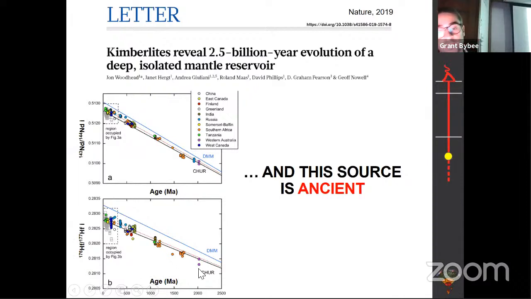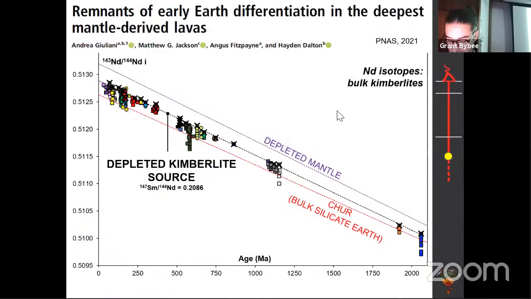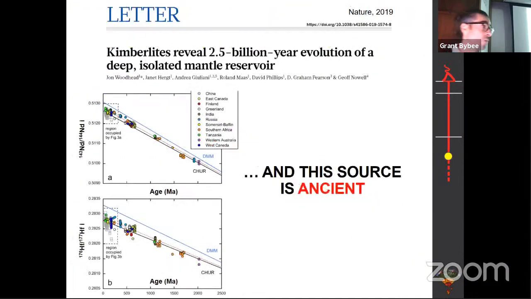And for this to occur requires that kimberlites have been sampling potentially the same source for over 2 billion years. If that is the case, then it's likely that this source has been more or less isolated, at least up to a few 100 million years ago, where we start to have a lot more scatter, and therefore this source has to be very ancient, at least 2.5 billion years.